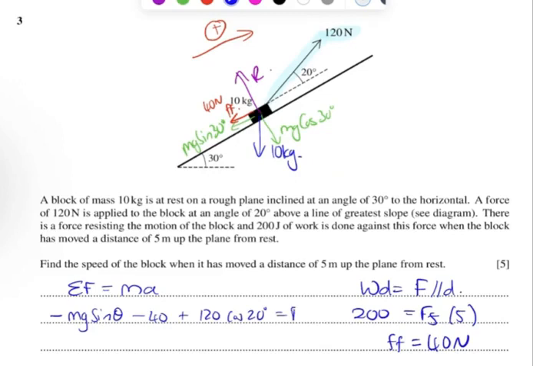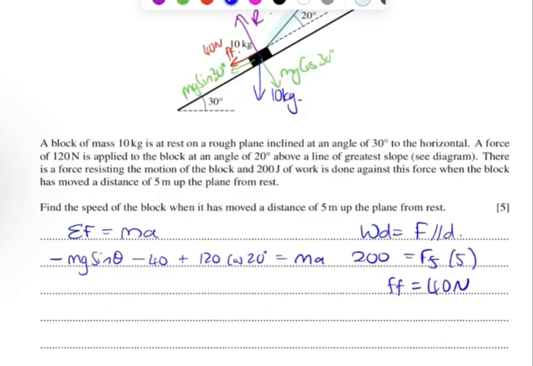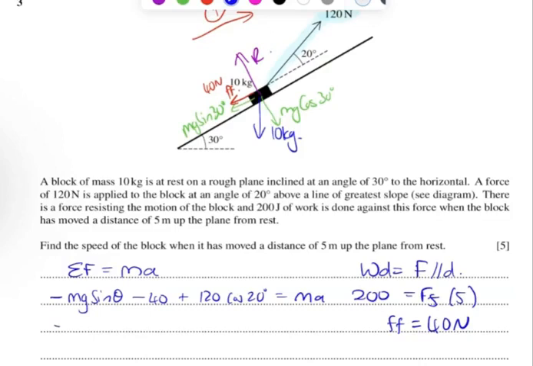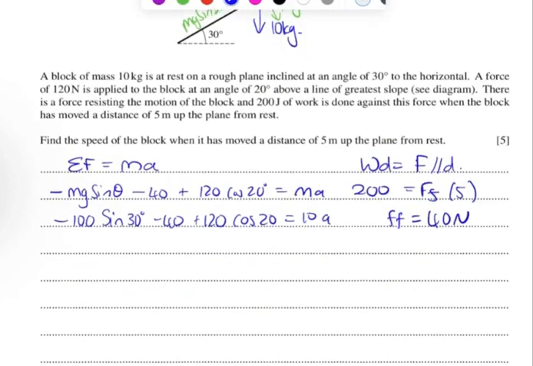And that is going to give me my resultant force acting up, which is then equal to ma. Okay, so I'm just going to fill in all my blanks. So minus 100 sin 30, that's 10 kgs and a, so we should be able to do this directly.